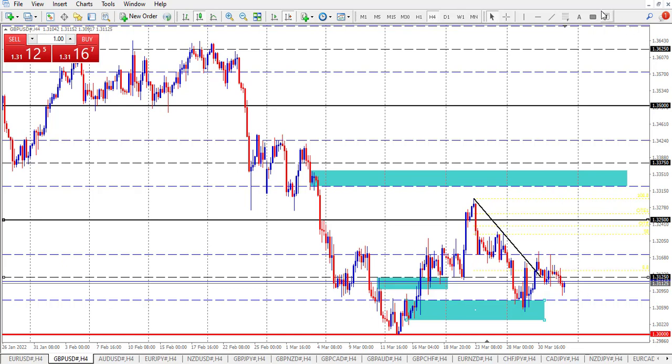But first of all, we would want to see this pair buying from this zone maybe up to this area, and we would be expecting a reversal around the white area. Also keep in mind, price might turn at this half point that you can see, 1.325. We will be seeing how price will be moving.